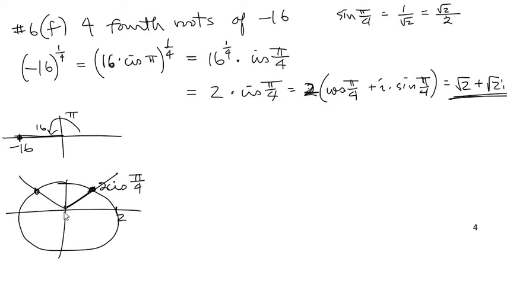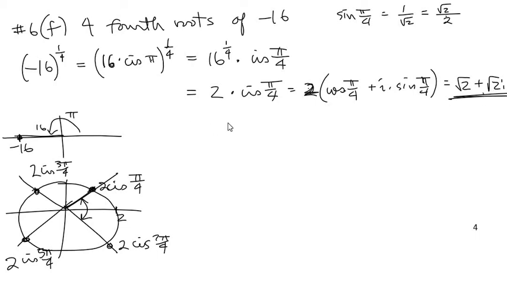Well, if we equally space 3 others, then they're going to be at 3 pi over 4, 5 pi over 4, and 7 pi over 4. Okay, so those are our roots. They're all 2 pi over 4 or pi over 2 radians apart.